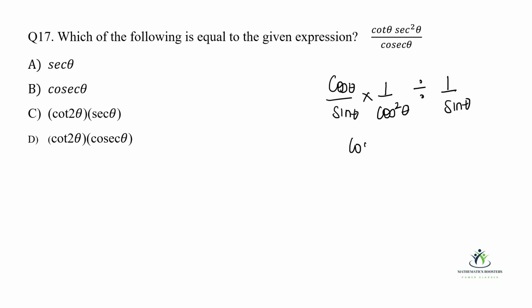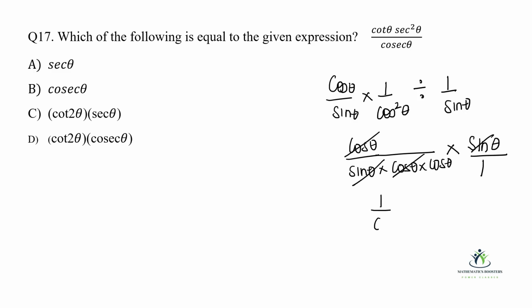So this will become cos theta upon sine theta into cos theta into cos theta. cos square theta को break करके हमने 2 बार cos theta लिख दिया. Division change into multiplication and reciprocal of denominator. So sin cancel, cos cancel. 1 upon cos theta, 1 upon cos theta is sec theta.